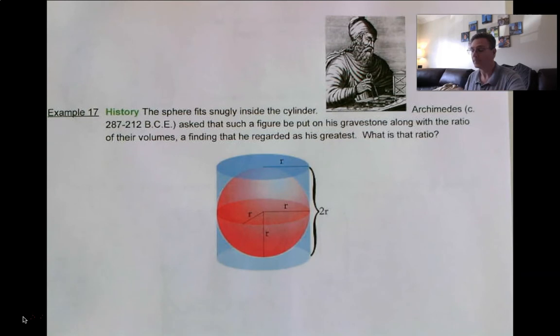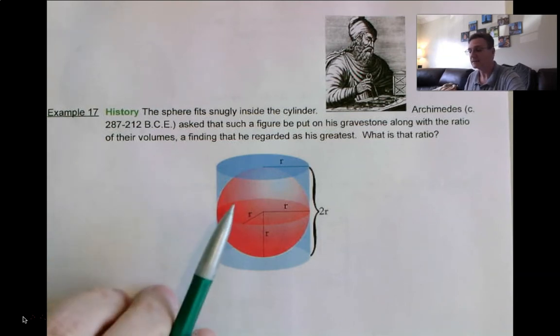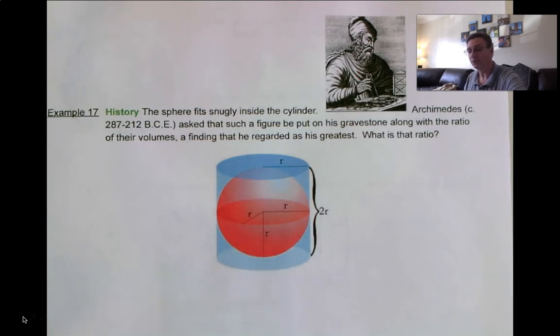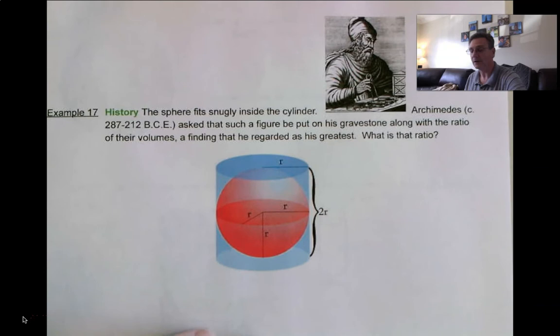Archimedes, so around 287 to 212 BCE, asked that such a figure be put onto his gravestone along with the ratio of their volumes, a finding that he regarded to be his greatest. What is the ratio? Well, let's take a look.